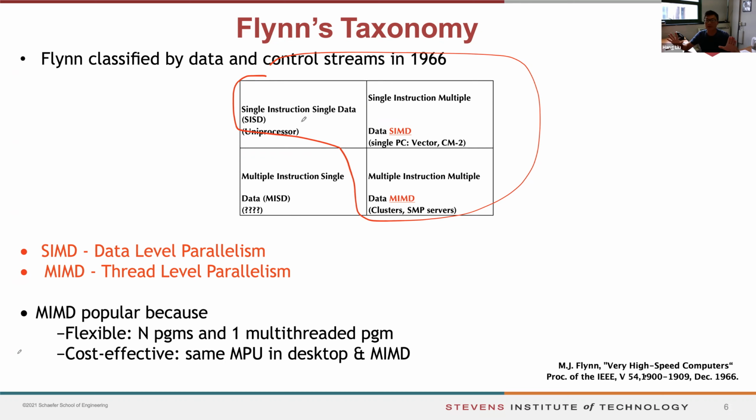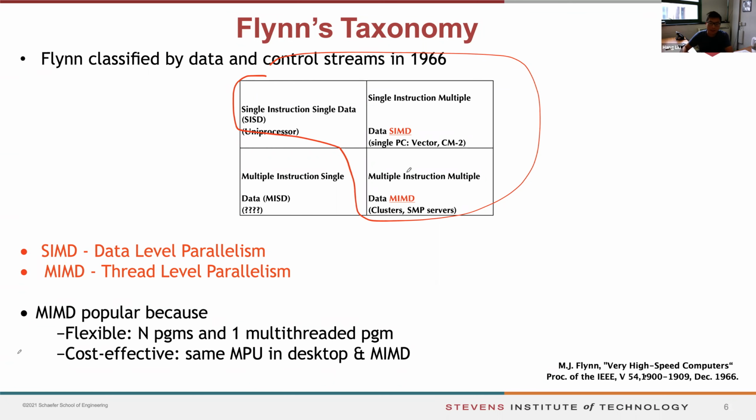I only have a single core, so definitely a single instruction and single data being executed. Then we have single instruction, multiple data, SIMD. This is what we discussed last lecture: GPU, SIMD extension, vectorized architecture.